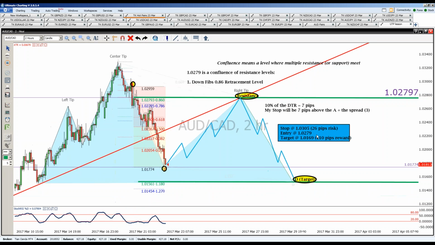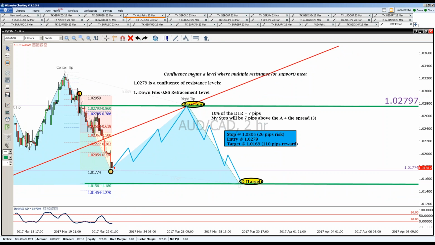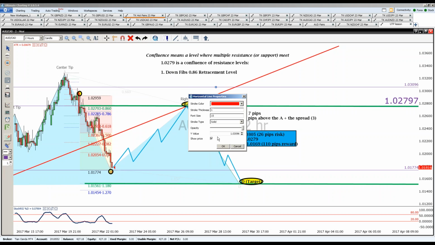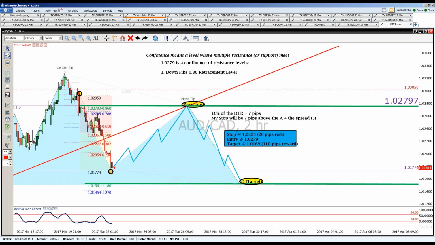Because now, if we have to work out the risk reward here, then my stop is going to be 1.0305. There, that will be the stop.